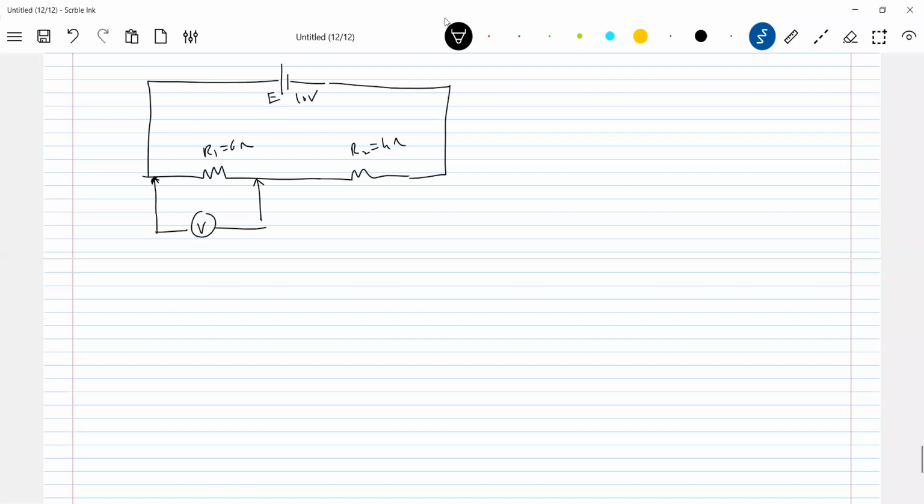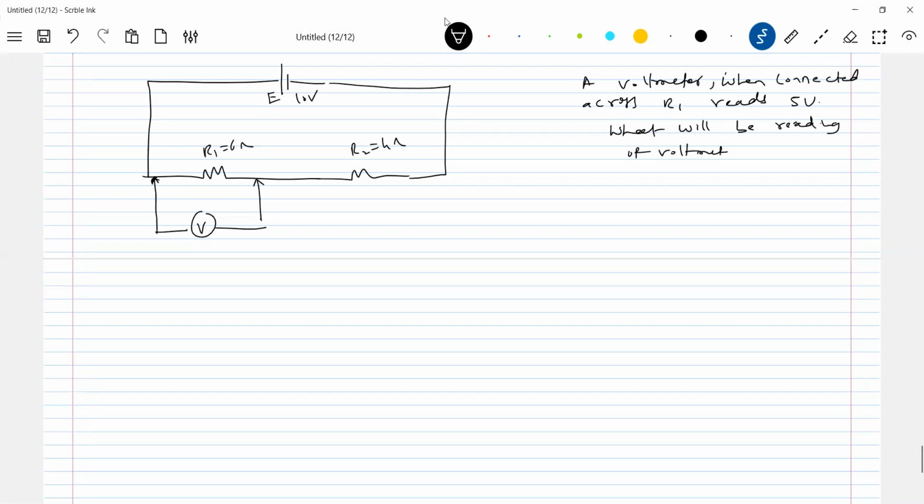Now take this one. A voltmeter when connected across R1 reads 5 volt. What will be the reading of the voltmeter when it is connected across R2?